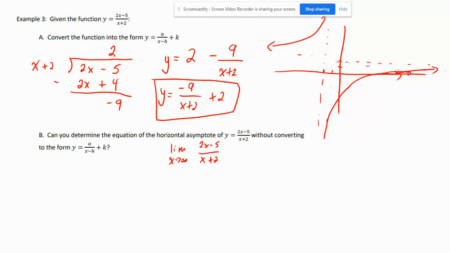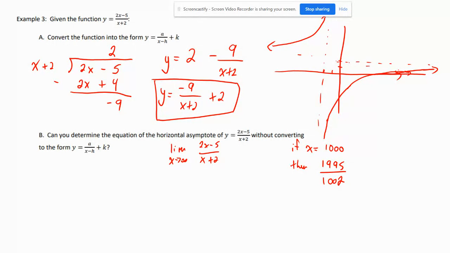I'll show you that next semester if you take calc. But if I just put in a large value of x, say x equals 1,000, then 2 times 1,000, 2,000 minus 5 is 1,995 over 1,002.